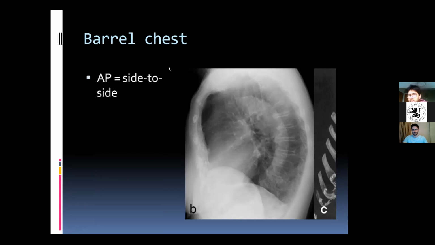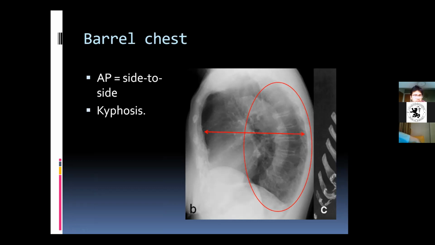Good. The AP diameter should be equal or nearing the side-to-side diameter of the actual chest wall itself. But in a radiological context, we also have to make sure that there is some sort of kyphosis, which you can see very well in this X-ray. Now, you said there's a greater AP diameter.